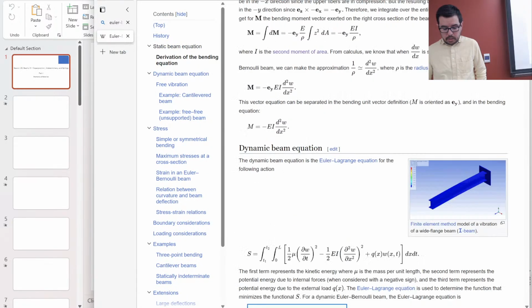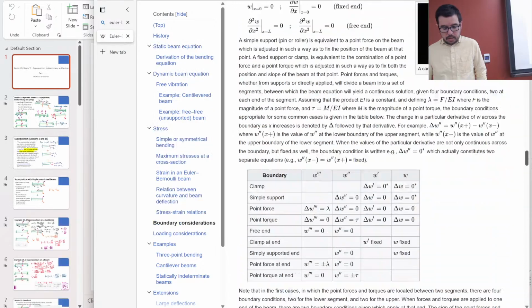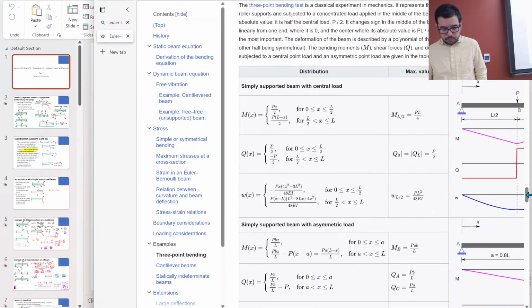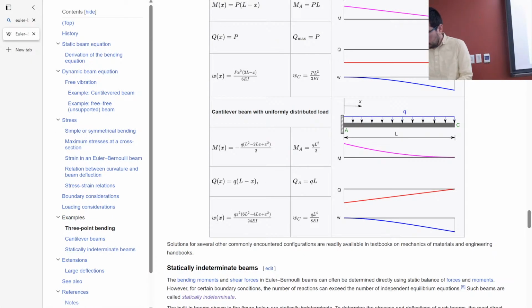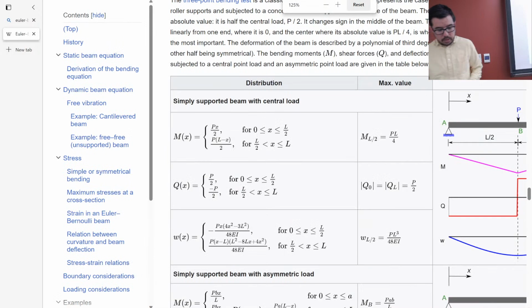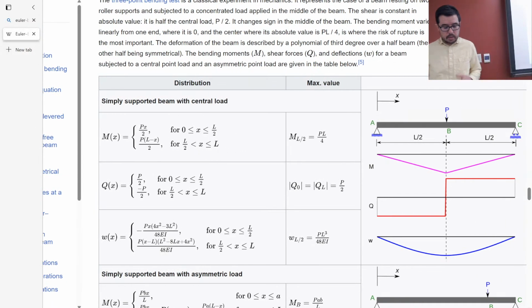Others have gone through and calculated equations that describe the displacement in different situations. So for example, this is a pinned beam with a P being applied in the middle.